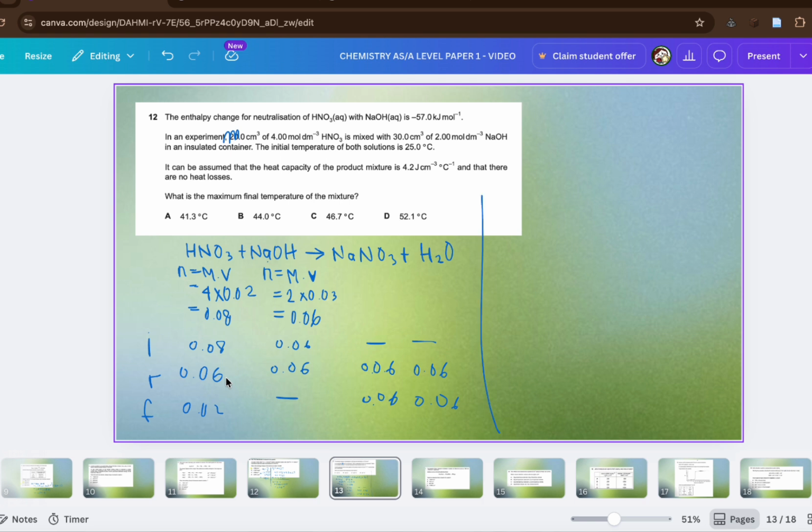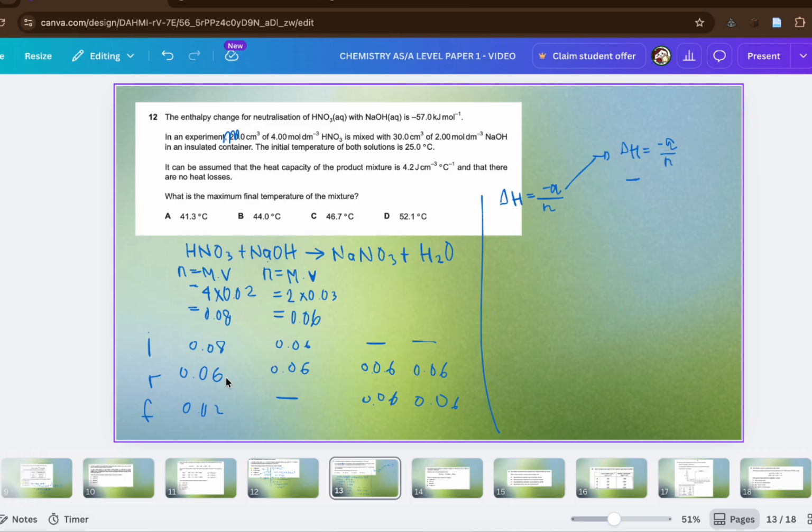Okay, enthalpy change. Of course, we were asked to find the final temperature of the mixture. To find that, we have to write down the enthalpy change formula first. Okay. Q. Alright. We already have the data here. The enthalpy change is about negative 57. You already have the mole, which is 0.06. So we'll just do this. Enthalpy change equals negative Q per n. Hold up, let me write that. Negative Q per n.